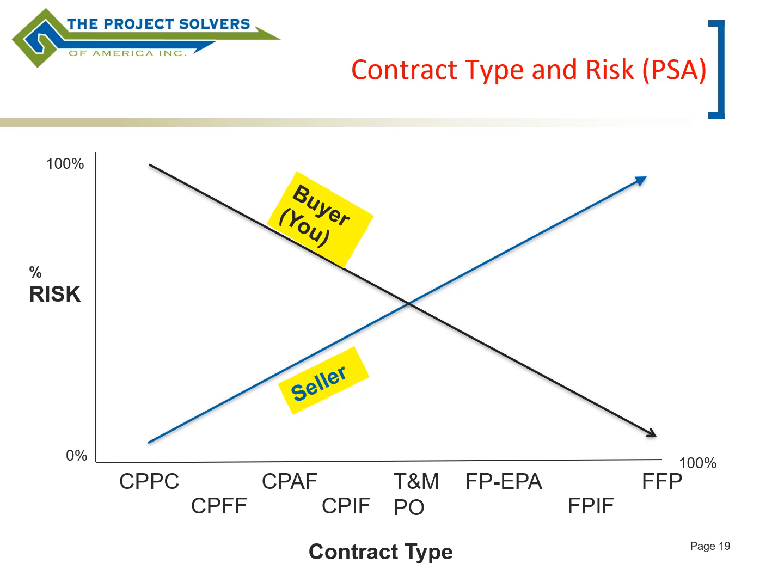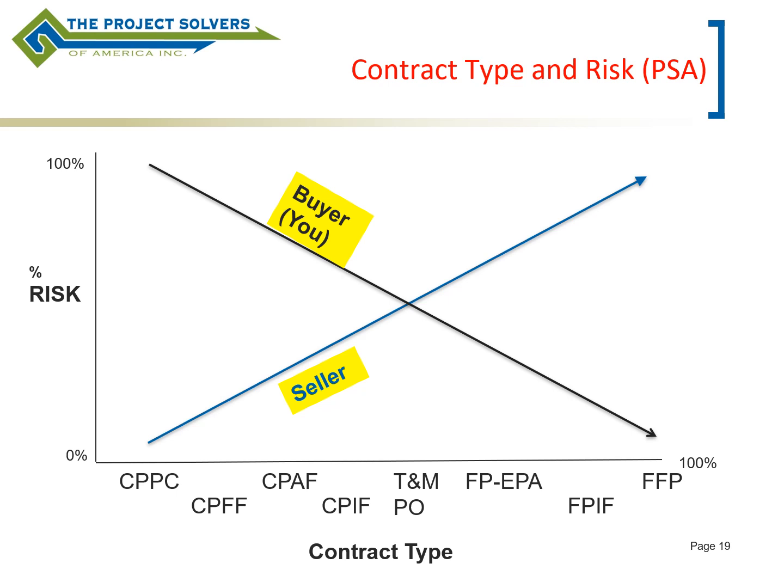On the other hand, if you looked at CPPC, which is cost plus percentage of cost, that is a huge amount of risk for the buyer and very, very little, if any, for the seller. Conversely, if you looked at FFP, or firm fixed price, that is very little risk for the buyer and a lot for the seller.